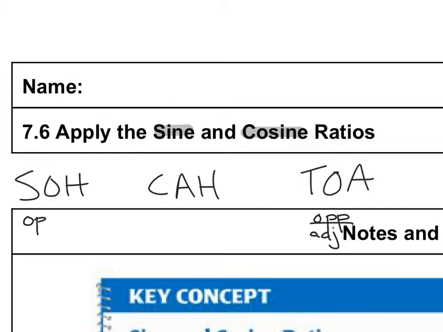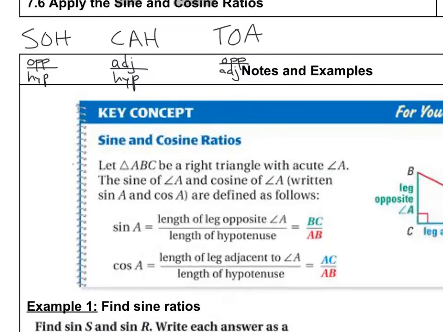Sine is opposite over hypotenuse, and cosine is adjacent over hypotenuse. These are all ones that you need to remember. SOHCAHTOA is just a way for you to remember them, and that is how we will figure out sine, cosine, and tangent.